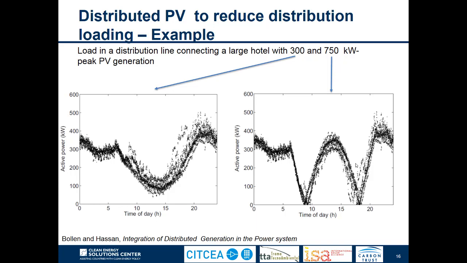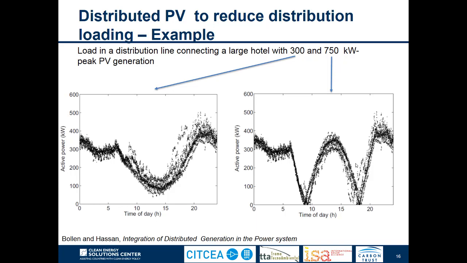In the left figure, we see what happens when we connect PV with a peak power of 300 kilowatt. And on the right side, we see what happens when we connect 750 kilowatt of PV generation.